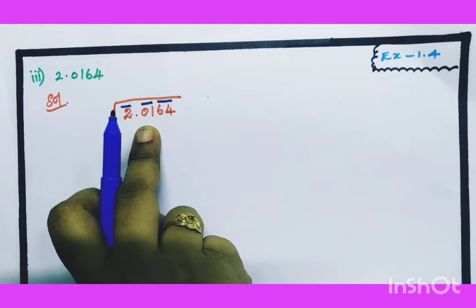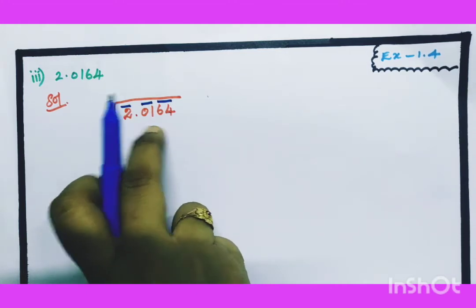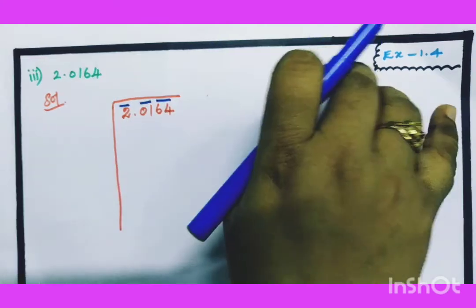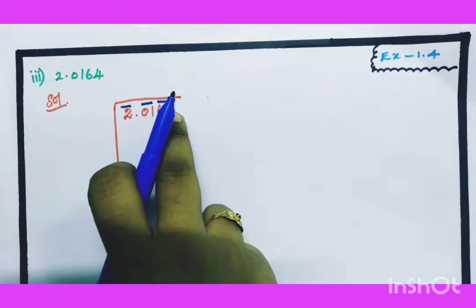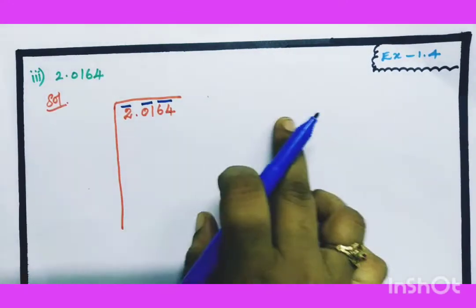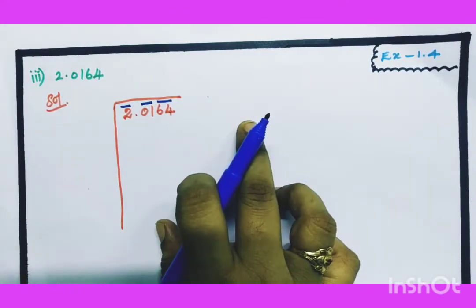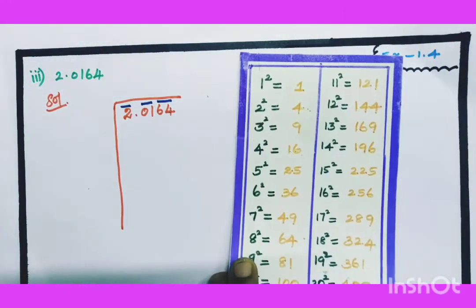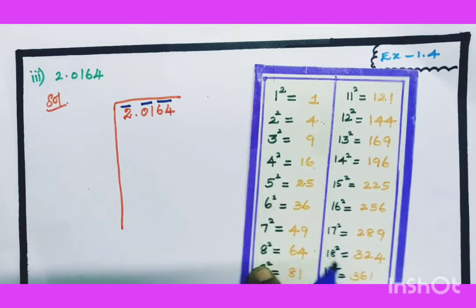Next see the decimal points. Start from the beginning, because the integral part we start from the ones place, from back to front, but the decimal part is the opposite: from the point itself, from the start itself, we take the pairs. Now listen. The next procedure is the long division, same method only.